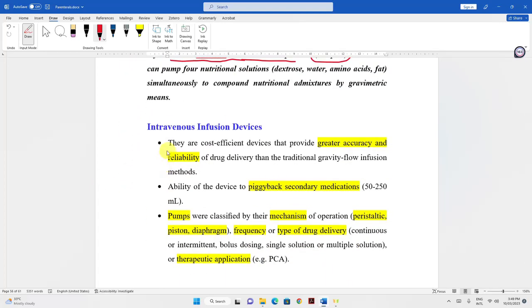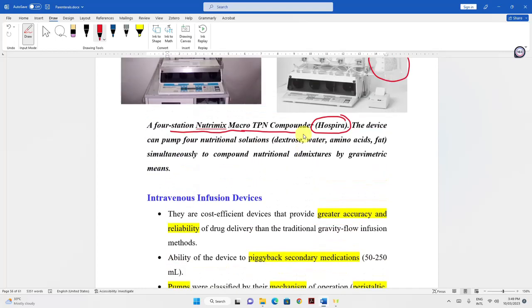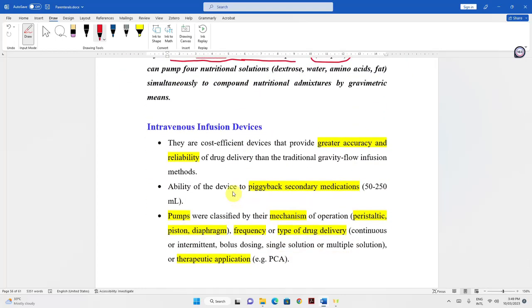Later on, you need to infuse these products into the veins, right? And instead of relying on gravity for the flow and infusion of the preparation, you need to use infusion pumps. Infusion pumps are cost efficient devices that provide greater accuracy and reliability compared to relying on gravity for the flow.